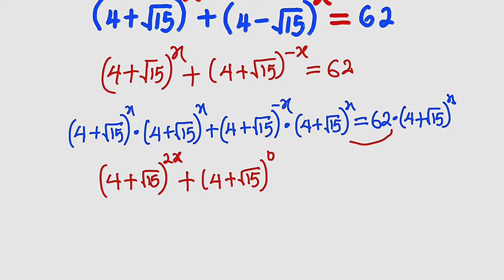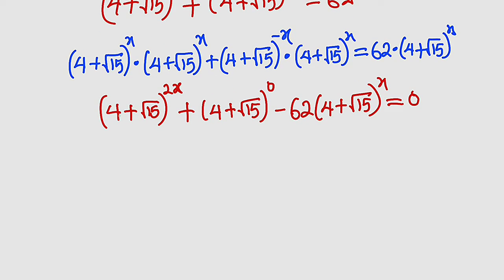We can even bring this one inside. We have minus 62 multiplied by (4 + √15)^x, and on the other side we have 0. According to one of the laws of indices, we can rewrite the first term as ((4 + √15)^x)^2.